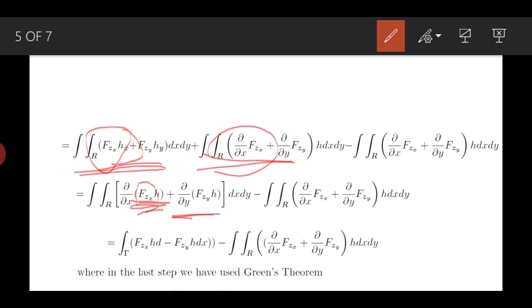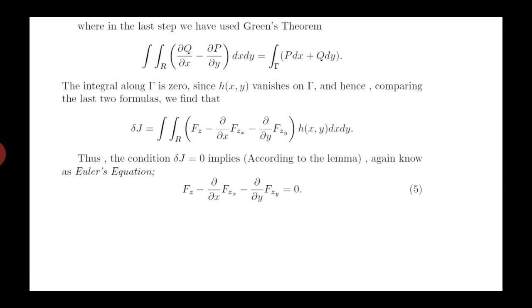You can verify by differentiating using the product rule. Now we use Green's theorem, which states that the double integral of del q over del x minus del p over del y dx dy can be regarded as the line integral over the boundary of p dx plus q dy.